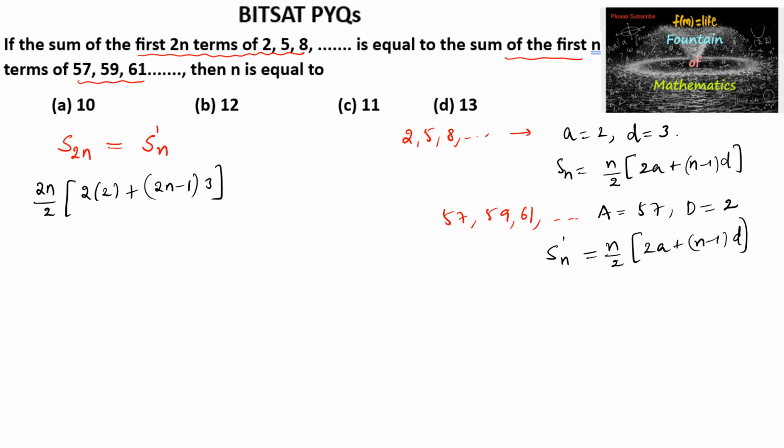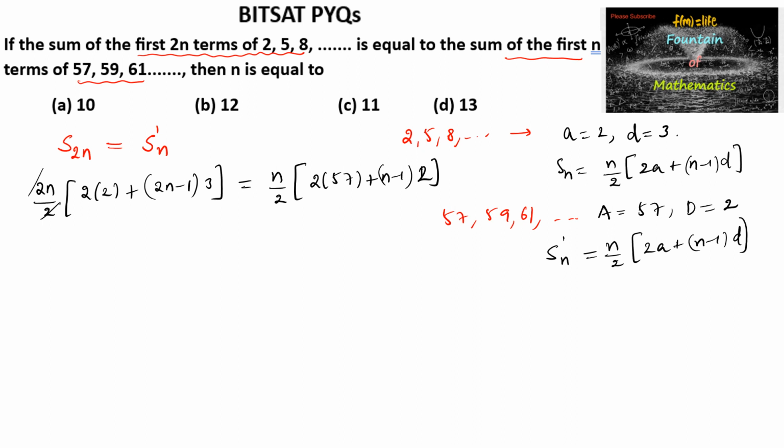So here we can write, which is equal to n upon 2 into (2 times 57 plus (n minus 1) into the common difference, which is given as 2). So let's simplify.